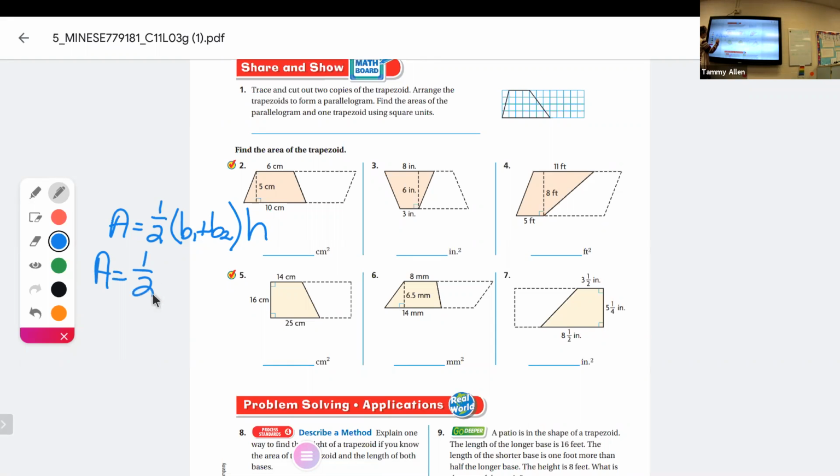One half. What are the measures of the two bases that are parallel to each other? Parallel to each other. Monte. 10 and 6. Good. They are parallel to each other. And if it helps to draw those two lines to show that they're parallel to help yourself out, certainly do that. What is the height?